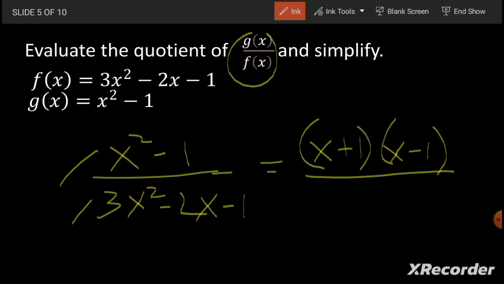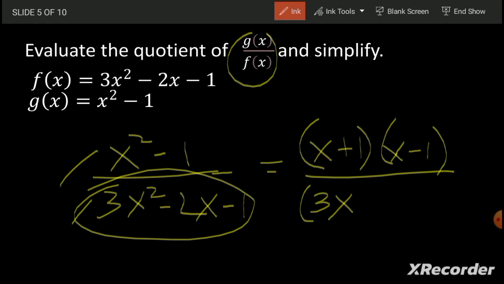And for the denominator, if we factor this denominator, we can have 3x. For 3x squared, its factors could be 3x and x. And for negative 1, its factors could be negative 1 and positive 1, I think.